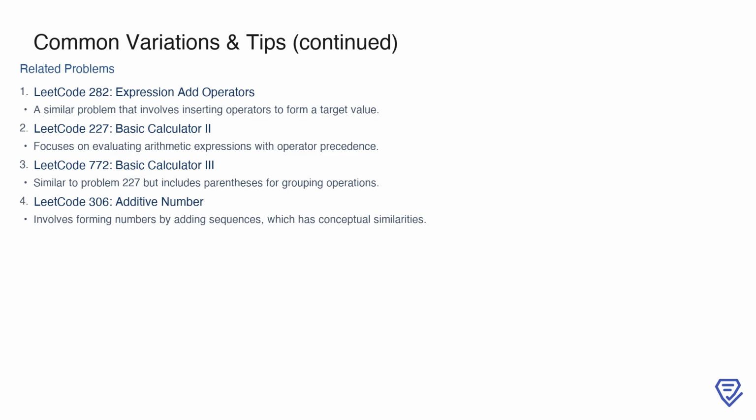LeetCode 772, Basic Calculator 3, builds on that by including parentheses for grouping operations, which adds another layer of complexity. Lastly, LeetCode 306, Additive Number, involves forming numbers by adding sequences, which also requires careful handling of numbers and operations. Studying these problems can provide additional insights and strategies that are applicable to this challenge.